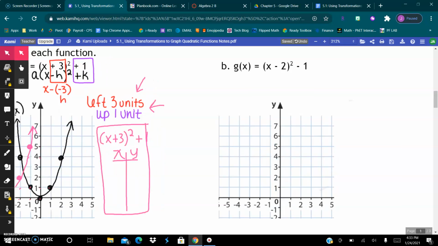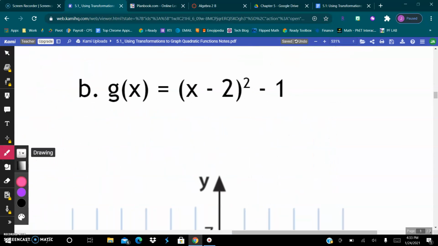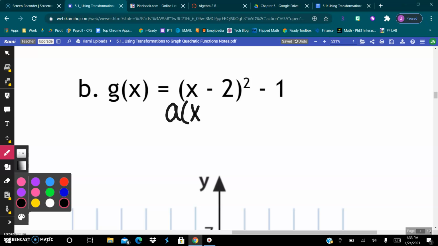All right, and then for this example here, remember going back, we had a times x minus h squared plus k. So let's look at the h value. Remember our formula is subtraction, so we have a subtraction sign there.